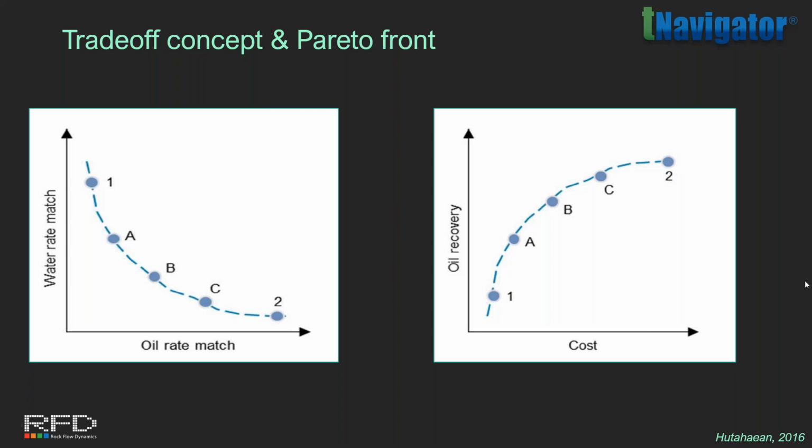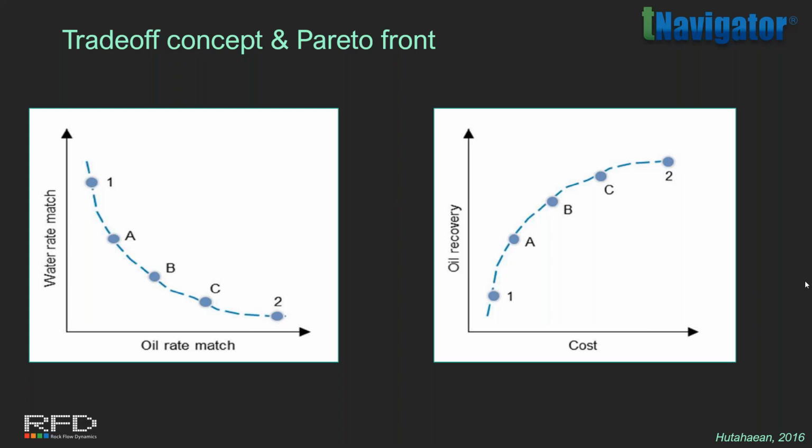So I would like just to highlight that 1 and 2 on both slides are extreme solutions. If we have a look at the left example with the mismatches, we can see that our extreme solution number 1 will actually give us a better result on our oil rate mismatch, whilst making the water rate mismatch worse. And the same but opposite works for solution number 2.